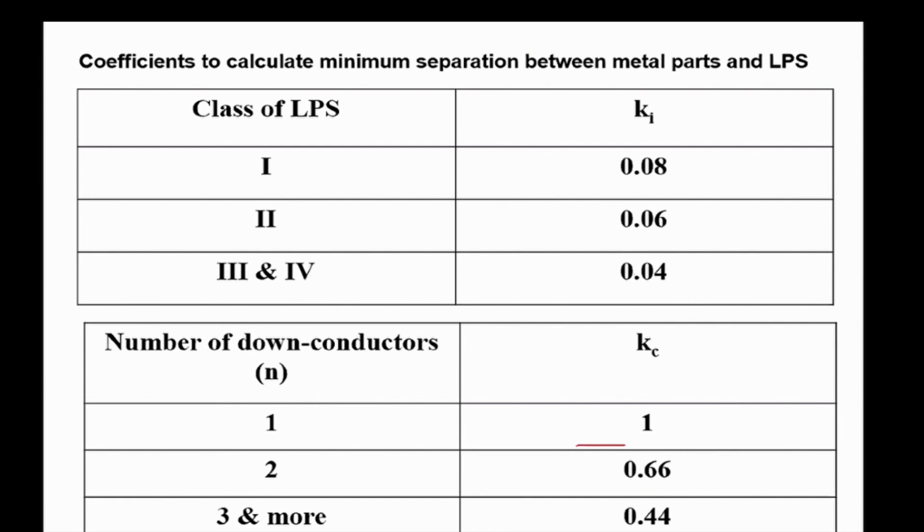These are the values given in the standards. Ki depends on the level of protection, the class or level of protection. Kc depends on the number of down conductors, but Kc is a little more complex than this in some cases. I will show you later. But if you have very simple single down conductors, then depending on the number of down conductors, you can get your Kc value.